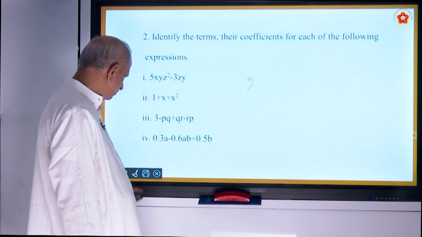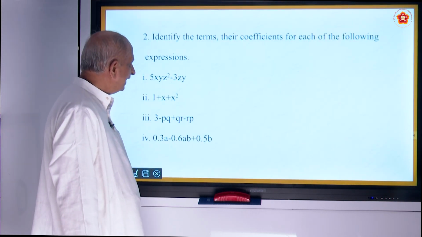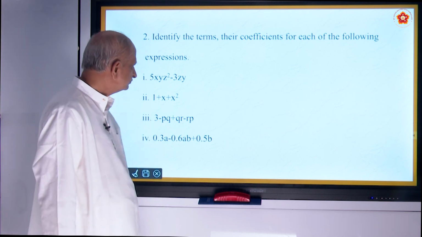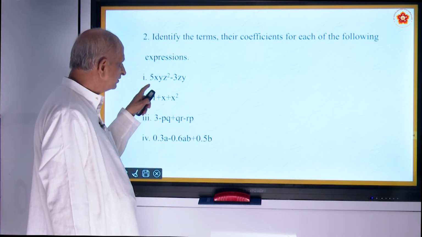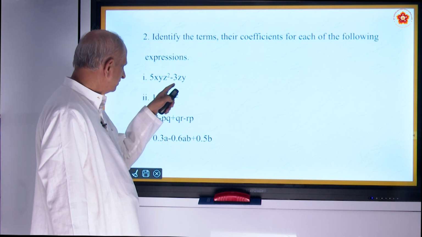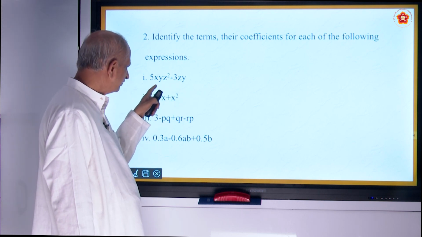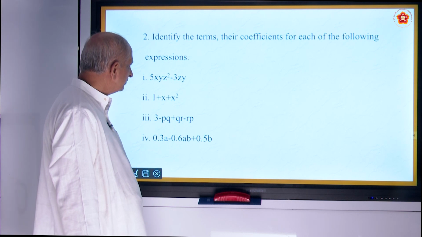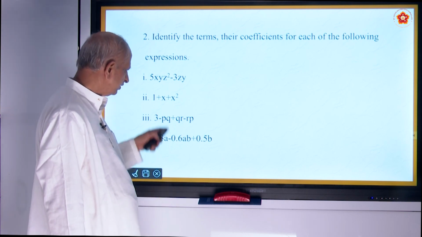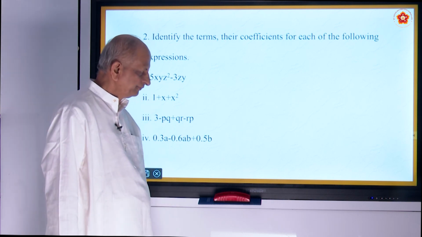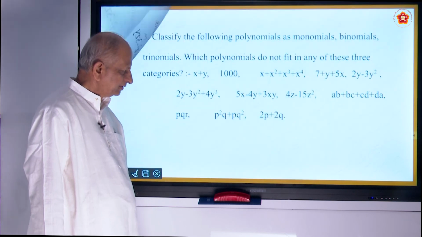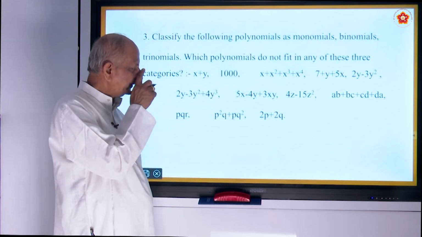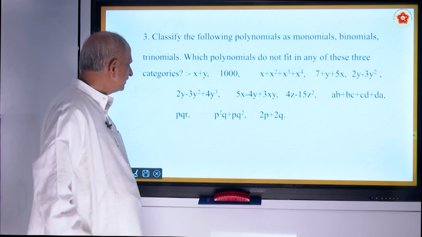Okay, one more question. Identify the terms and their coefficient for each of the following expressions. So you must tell the coefficient also, and you must tell the terms also for all these 4 questions. Okay. And lastly, classify the following into monomials, binomials, trinomials.